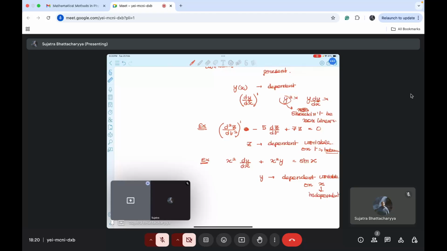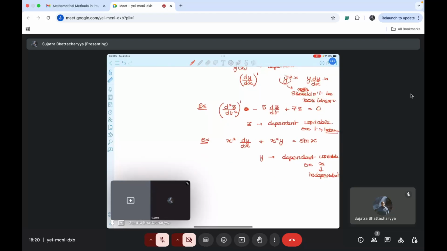Clear? Now, question: do we see a nonlinear function of the dependent variable? No. There is a nonlinear function sin, but it is on the independent variable. So it's fine. Okay, number one.